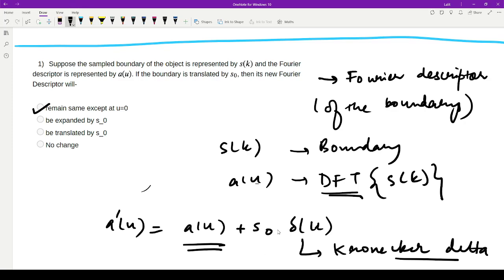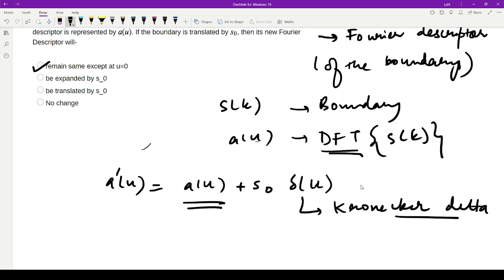Okay, so given this, can anyone prove this to me? It's not easy to remember all this during exams, and one might want to just derive it there itself. So what is a(u)? It is the DFT of s(k).